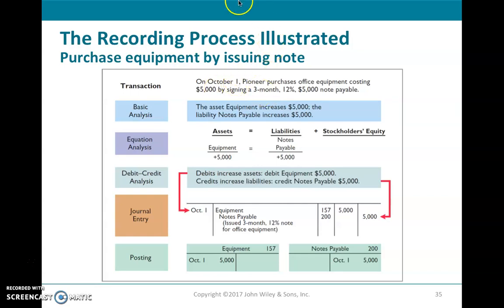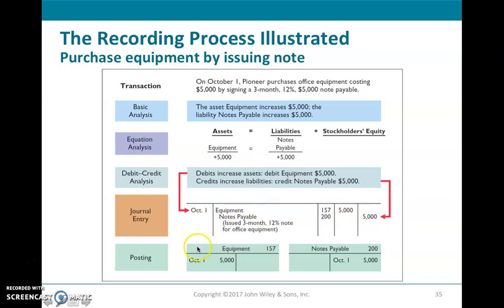So analysis shows that an asset called equipment increased and a liability called notes payable increased for $5,000. To increase assets, we need to debit assets. To increase liabilities, we need to credit liabilities. Therefore, the name of the account that is debited, equipment, is written first. Then the name of the account that is credited is indented below that, and the amounts are $5,000.